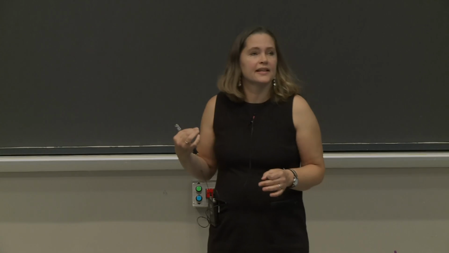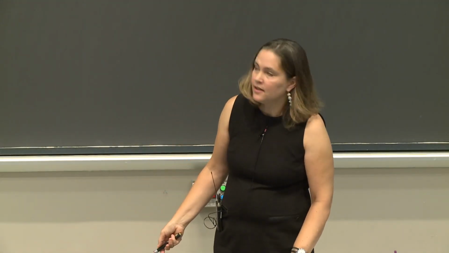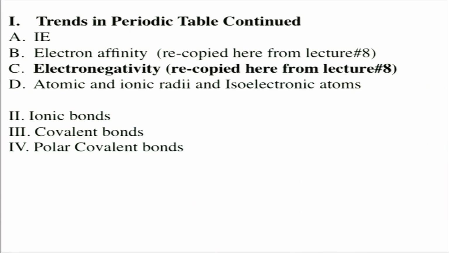So that is electron affinity, but honestly, chemists don't really talk so much about electron affinity. They prefer to talk about electronegativity, and these are highly related terms. So this was also recopied, although completely identical, I think, between the handouts.